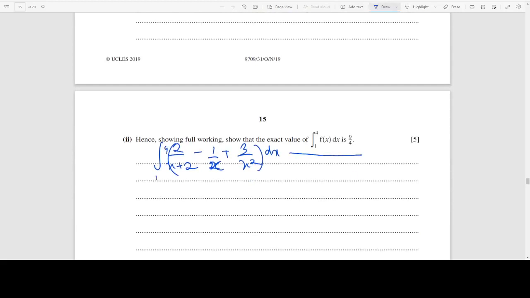So we'll take this part by part: 2 upon x plus 2, then minus 1 upon x, then 3 upon x squared. The integral of 1 upon x plus 2 is just ln of x plus 2, and there's a 2 over here, so 2 ln of x plus 2. The integral of minus 1 upon x with respect to x is minus ln x.